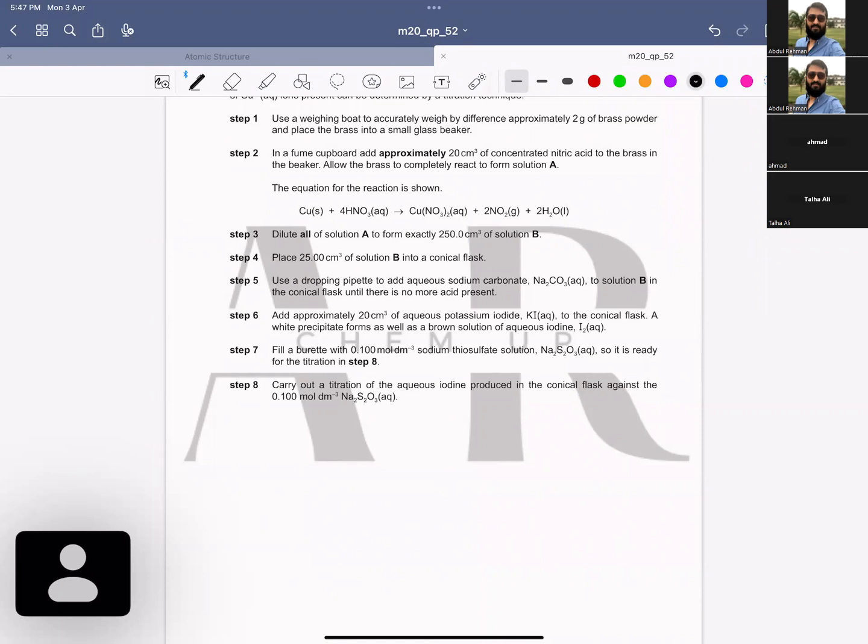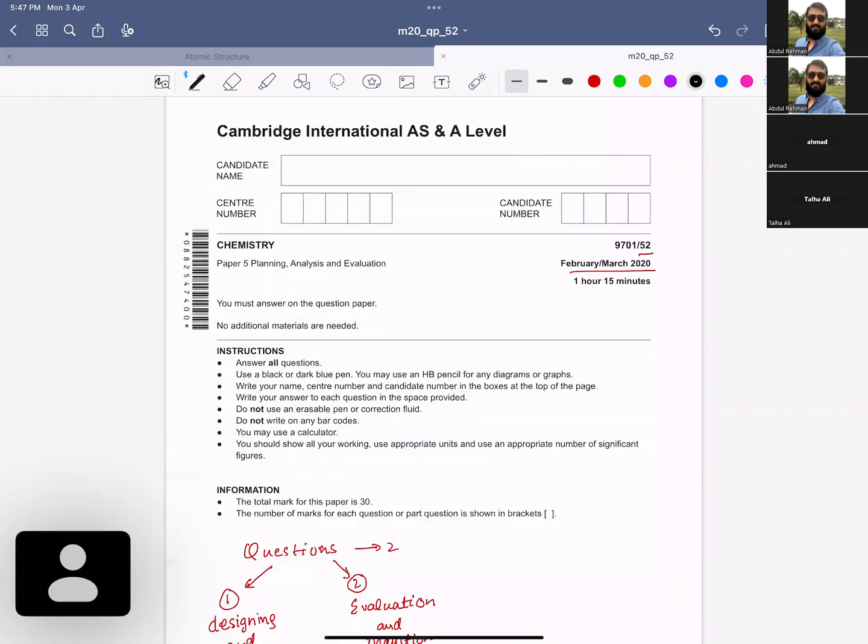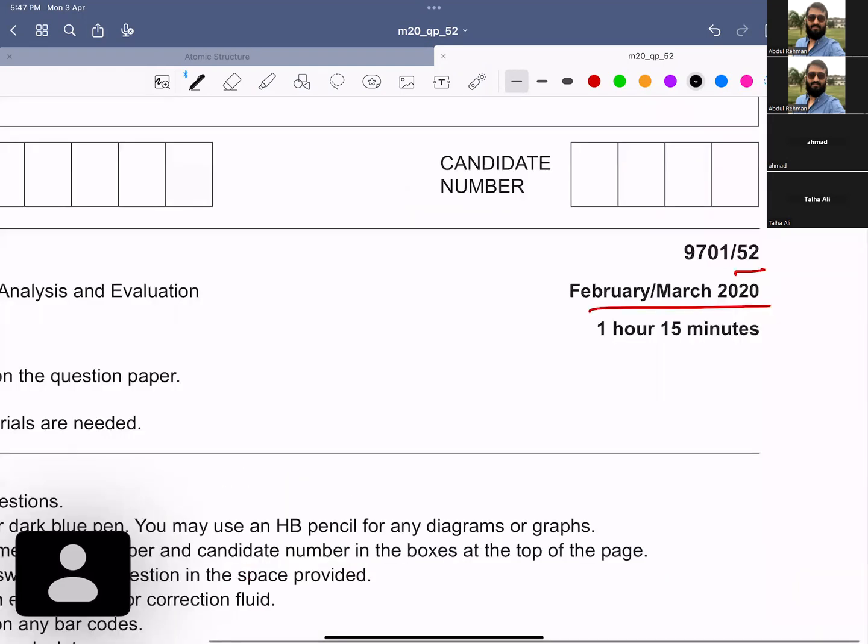So which paper were we doing? We were doing the February-March 2020 Paper 5-2, and we have ended question number 2.